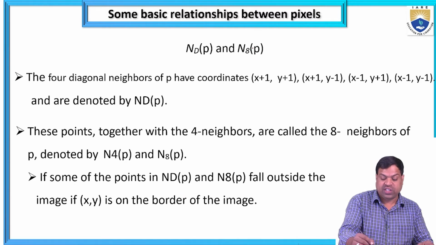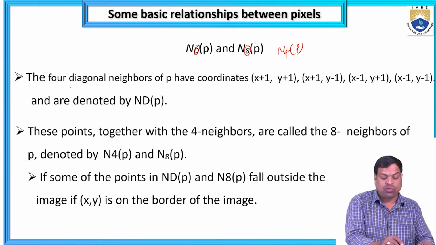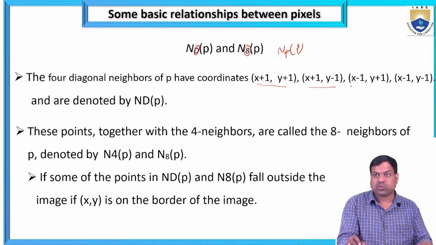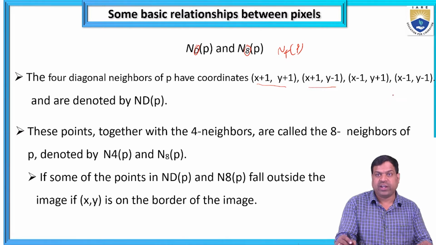N8 of p means 8 neighbors, N4 means 4 neighbors, and ND means diagonal neighbors. The 4 diagonal neighbors of p have coordinates x plus 1, y plus 1; x plus 1, y minus 1; x minus 1, y plus 1; x minus 1, y minus 1, and are denoted by ND of p.